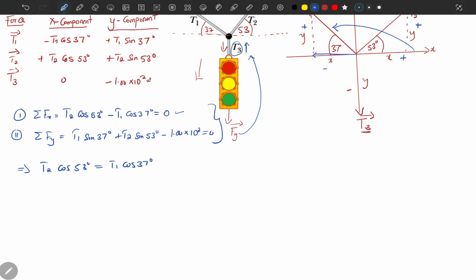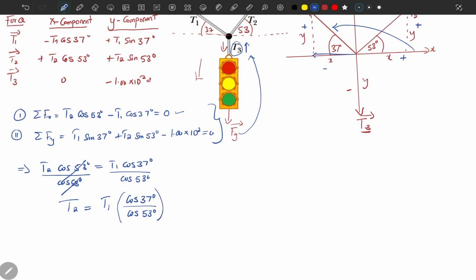You've seen it, right? So I want to make T2 the subject of the formula, or T1, whichever I'm comfortable with. So I'll divide both sides by cosine 53 degrees. So you cancel, then you say your tension 2 is tension 1, you open the brackets. Remember that this is cosine 37 degrees over cosine 53 degrees.